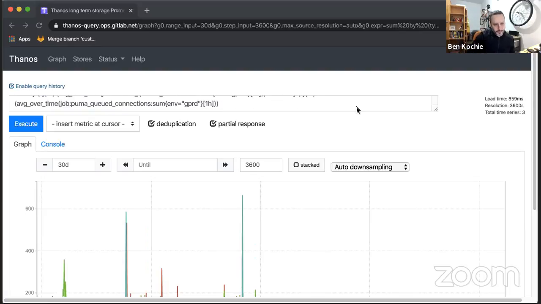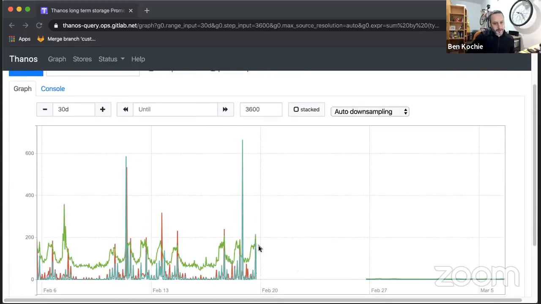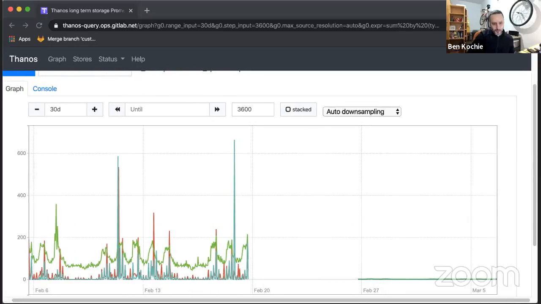While we were running on Unicorn, we would have quite high spikes of hundreds of requests during the day just waiting. And now with Puma, it's almost nothing.